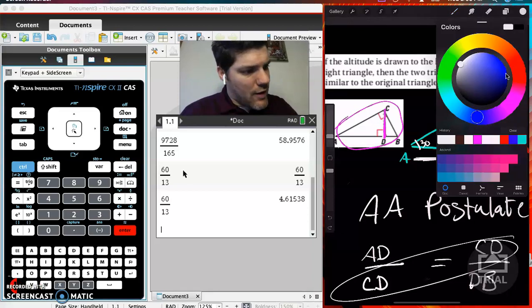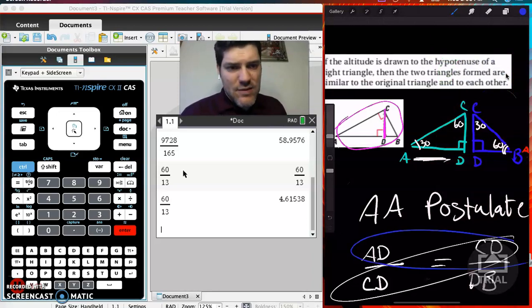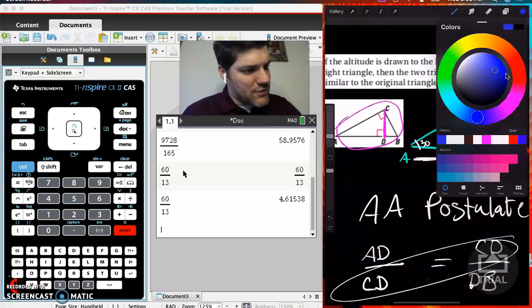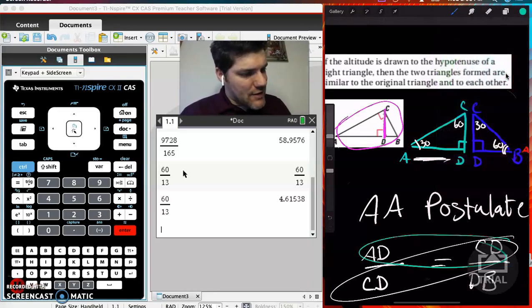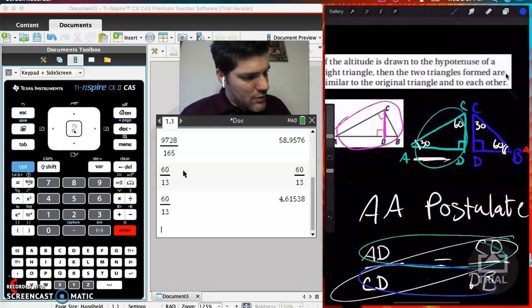This right here, the top, is one triangle. I guess maybe I should use the actual color for what we had. This is this triangle here, and this is this triangle here.